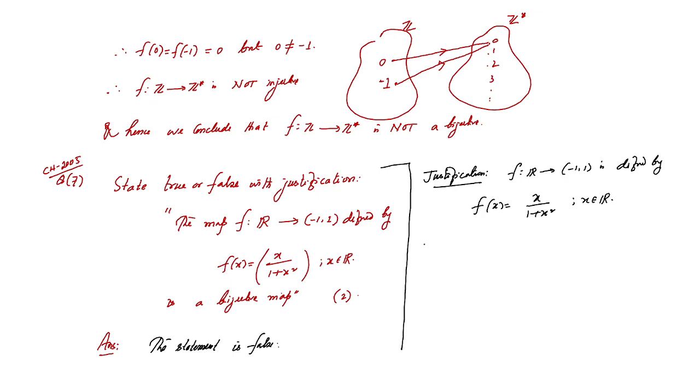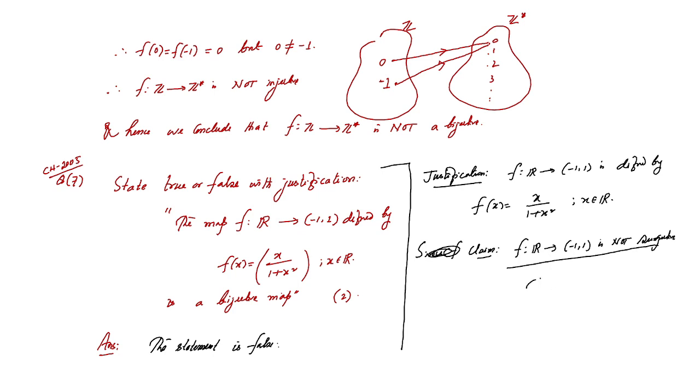Our first claim is what we have to show: the map f from R to (-1, 1) is not surjective. That means we will consider an element in the codomain set and show that this element has no preimage.